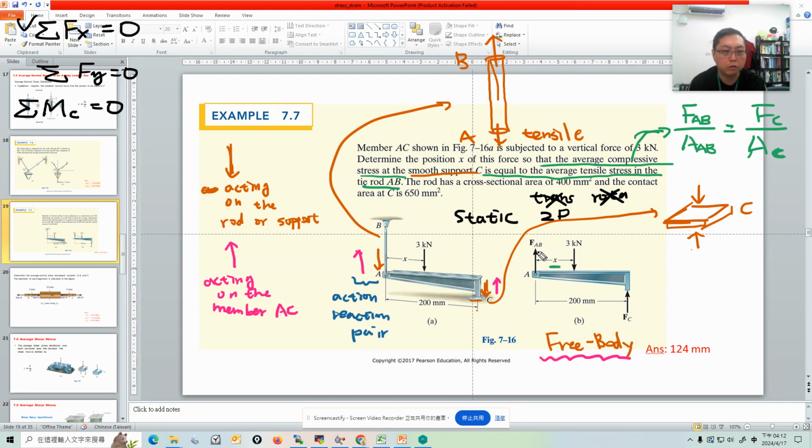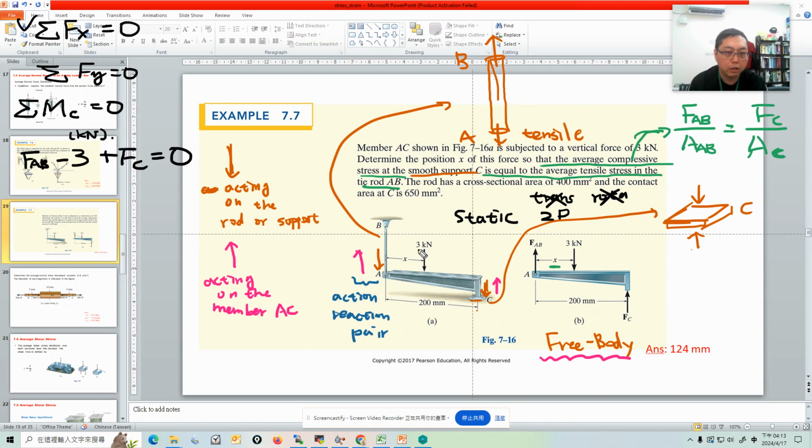FC points up, and FAB and 3 kilonewton point down. Let's use kilonewton as the unit, so minus FAB, minus 3, plus FC equal to 0. Don't forget this means kilonewton.